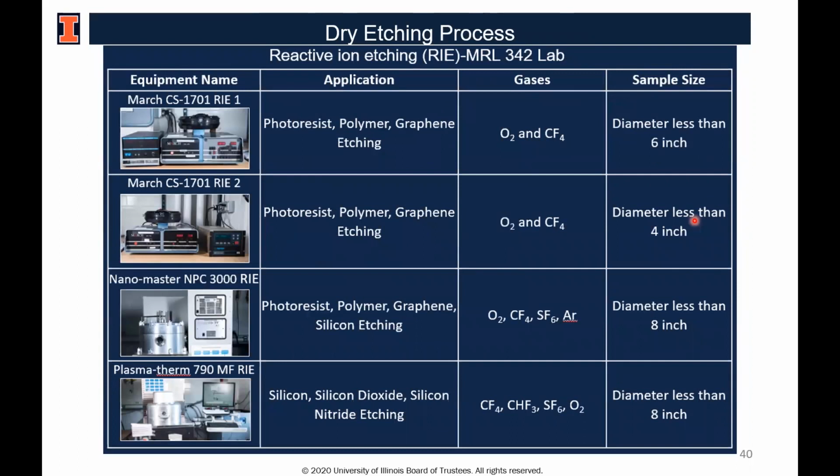Here's the table of dry etching processes, and these are the tools we use for dry etching. The tools are called reactive ion etching tools, RIE.